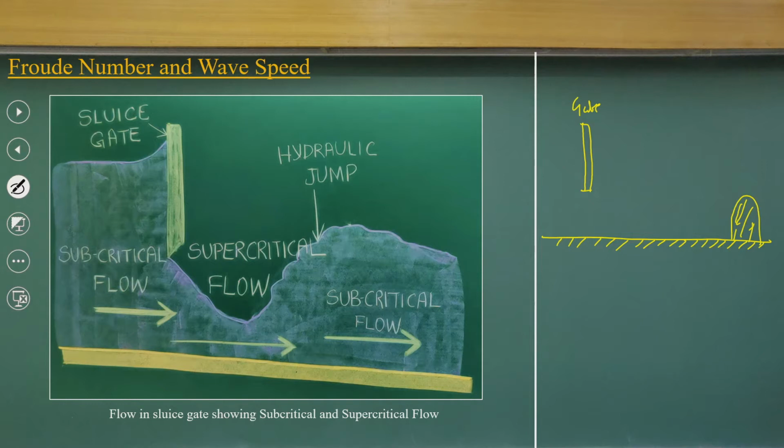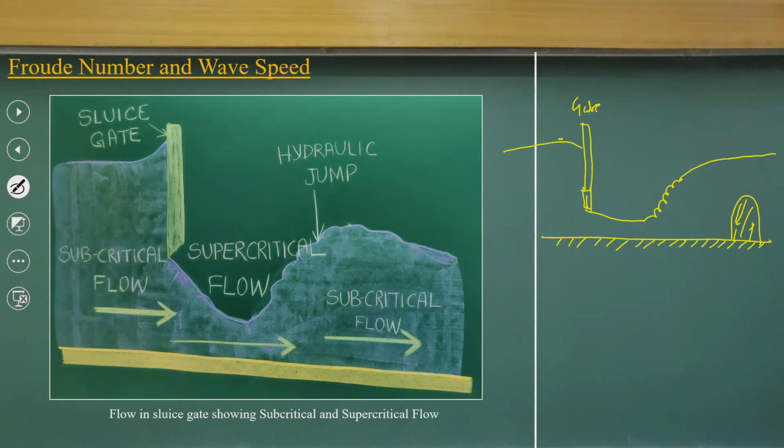What will happen is that if I lower the gate, the flow will come here, and then there will be a hydraulic jump, and the flow depth will be maintained like this.